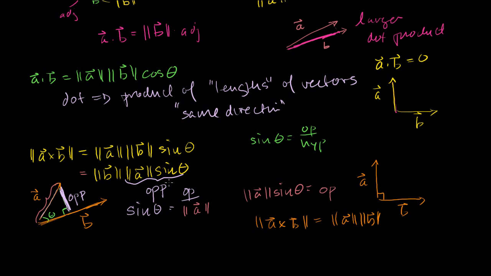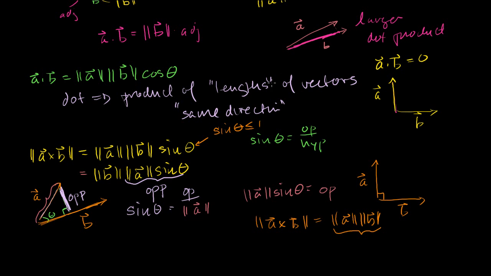And what's the sine of 90 degrees? It's 1. So in this case, you have maximized the length of your cross product. This is as high as it can go, because the sine of theta is always less than or equal to 1. So this is as good as you're ever going to get. This is the highest possible value when you have perfectly perpendicular vectors.